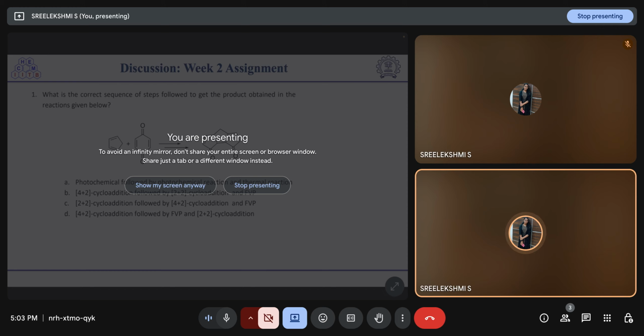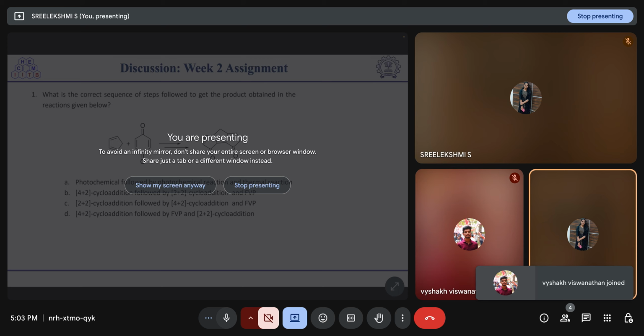Option B is 4 plus 2 cycloaddition followed by 2 plus 2 cycloaddition and FVP. Then 2 plus 2 cycloaddition followed by 4 plus 2 cycloaddition and FVP. And the last option is 4 plus 2 cycloaddition followed by FVP and 2 plus 2 cycloaddition. So out of these four options given here, which will be the correct answer?